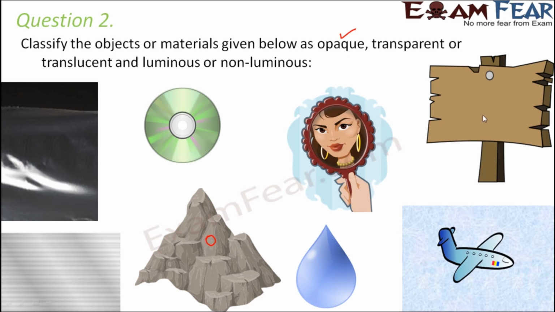You talk about this wooden block, again this would also be opaque. You talk about a mirror, that is also opaque. That is why all the light gets reflected and image formation happens. You talk about a CD, that also is opaque. What else is opaque? You talk about this aluminium sheet, this is also opaque. So all of these are opaque.